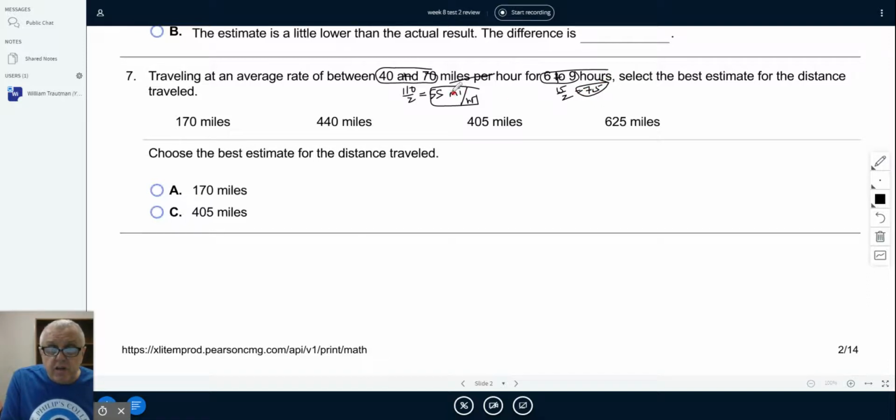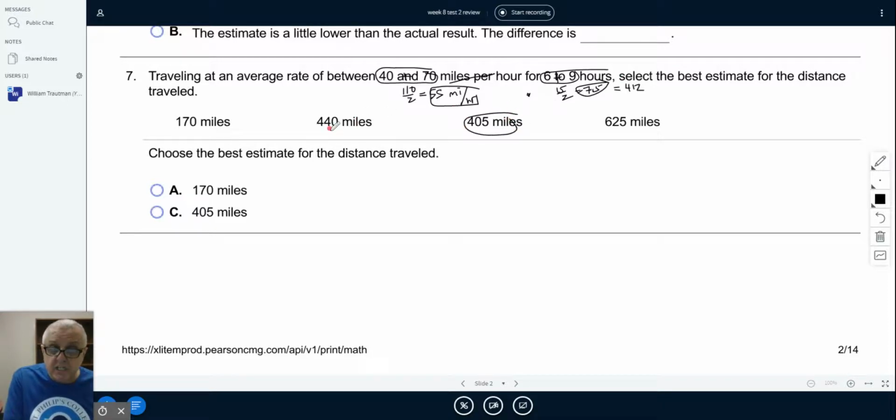So if you're driving 55 miles an hour for 7.5 miles, you have to multiply those two together. 55 times 7.5, and I get 412. And the closest one to 412 looks like this one right here.